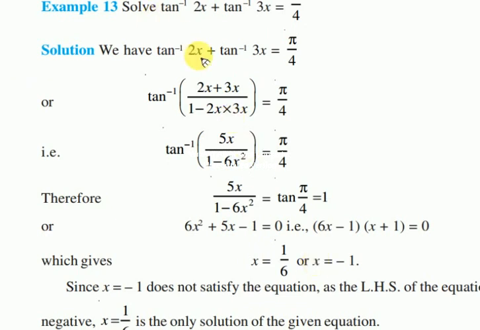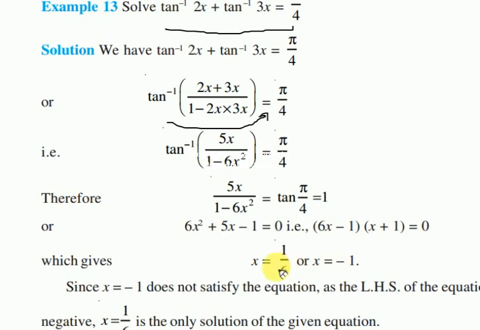So this is one more kind of problem. Tan inverse of 2x plus tan inverse of 3x is equal to pi by 4. Find the value of x. So here, first of all, use the tan inverse of x plus tan inverse of y form. By applying this we get 5x divided by 1 minus 6x square is equal to pi by 4. Shift this tan inverse to the right hand side, then it will be 1. Therefore 6x square plus 5x minus 1 is equal to 0.